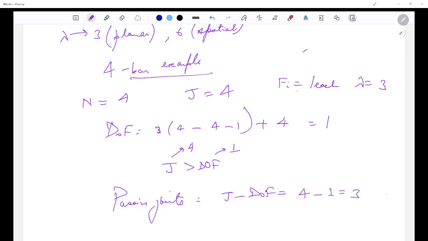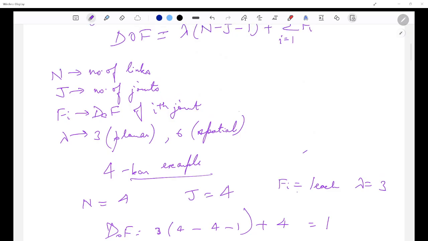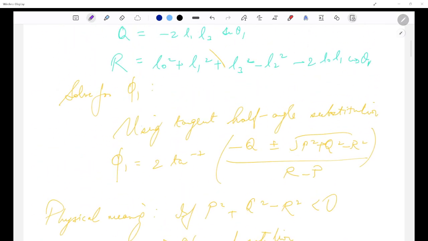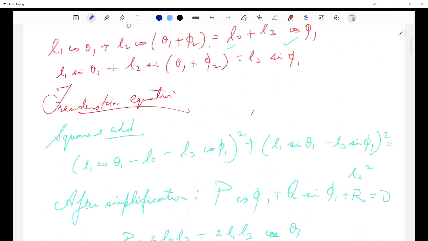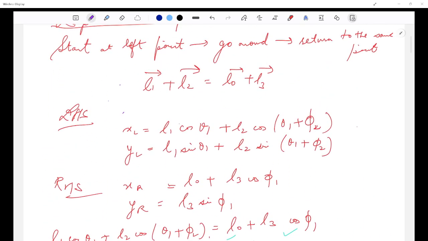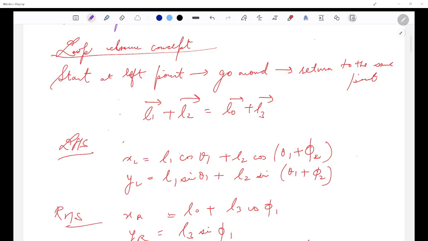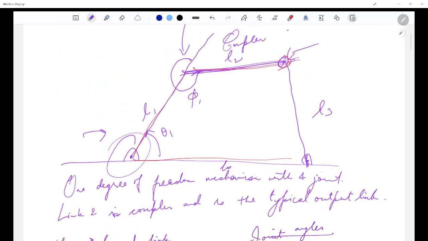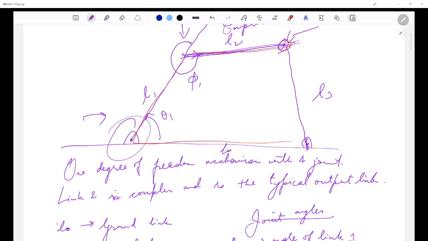So the number of passive joints is 3. By the way, just to clarify one thing, the way I did vector addition here, I hope all of you understand this, because what I did here basically is I took this, I'll change the color.